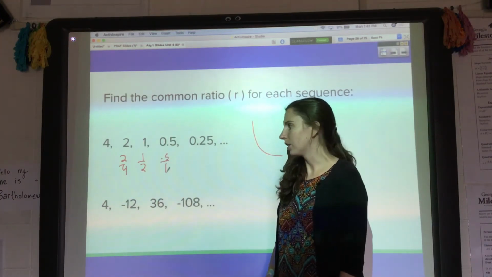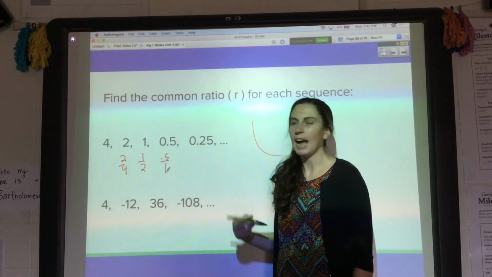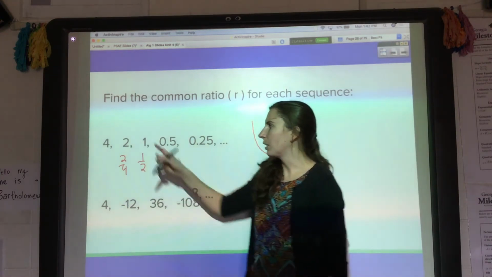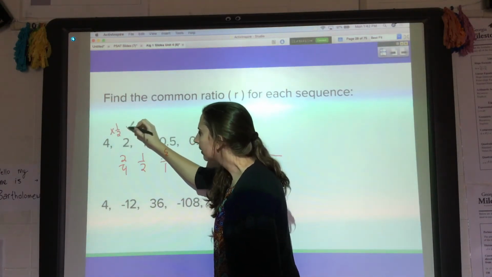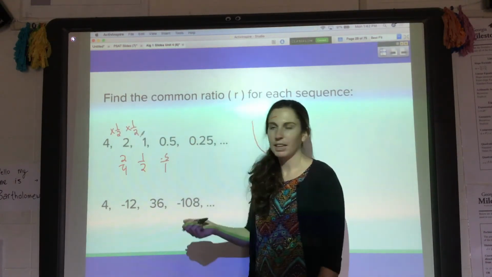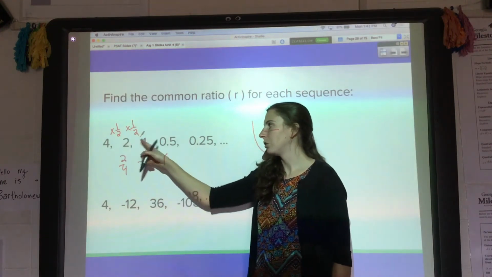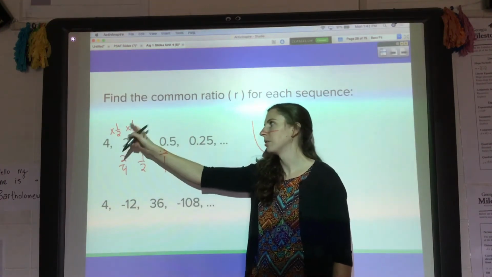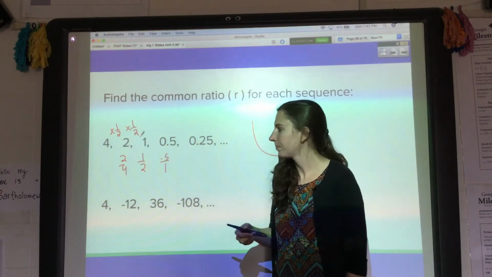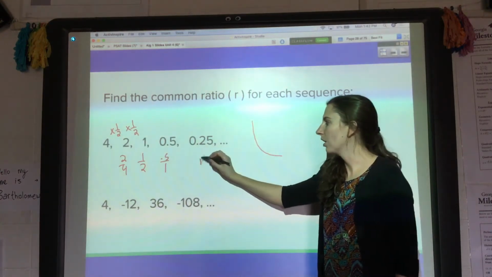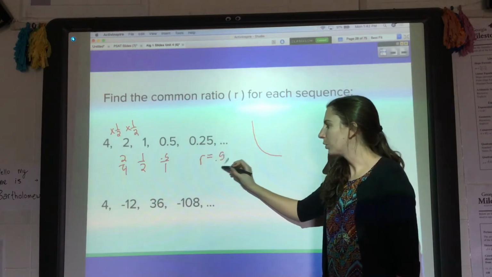Each of those answers gives you 0.5 or a half. So basically we're multiplying by a half each time, or 0.5. Or you might think of that as like dividing by 2 each time, which is the same as multiplying by a half. Division is just multiplication. So in this case, the R value is 0.5 or 1/2.